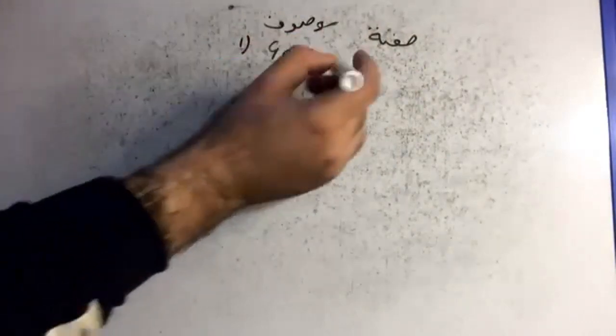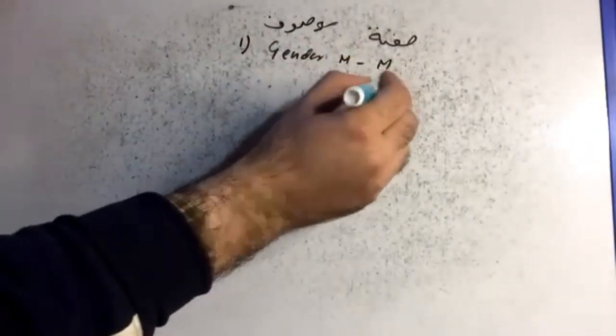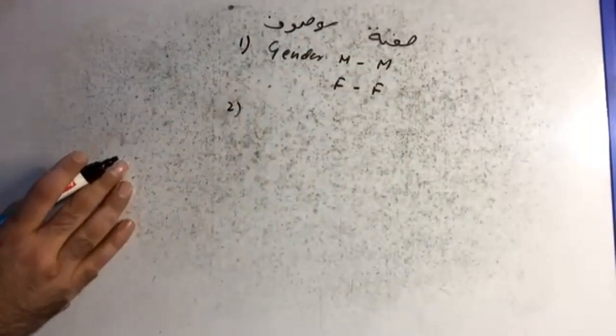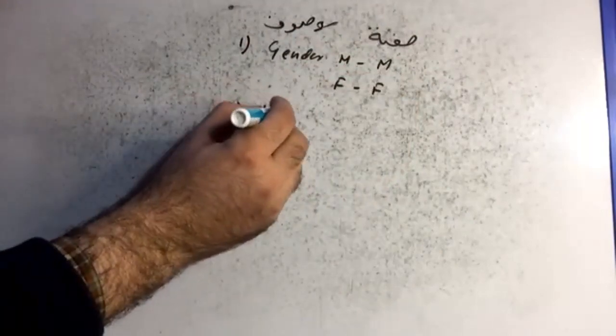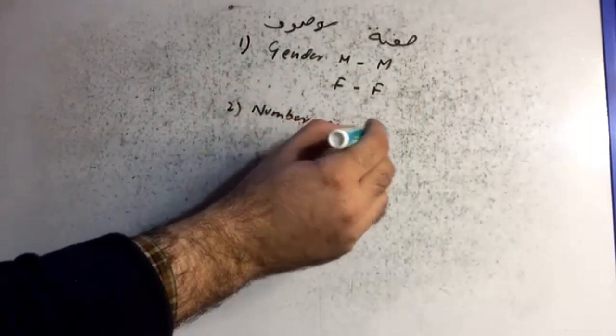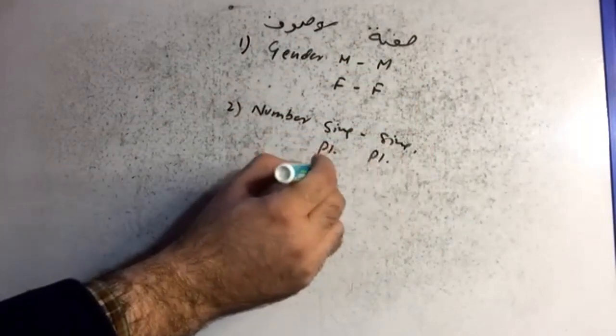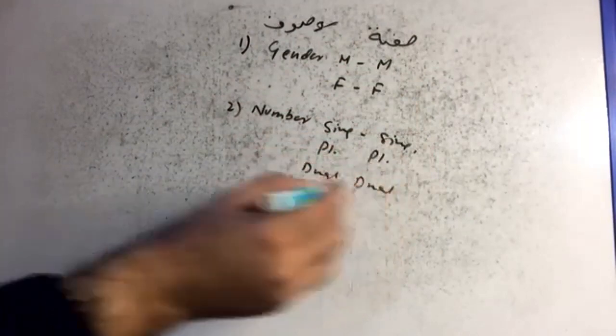So if it's masculine, both will be masculine. If it's feminine, both will be feminine. The second thing they will follow is number. If it's singular, it will be singular. If it's plural, it will be plural. If it's dual, it will be dual. Because you know that in Arabic, you don't have just singular and plural, you have dual also. We have just done singular so far.